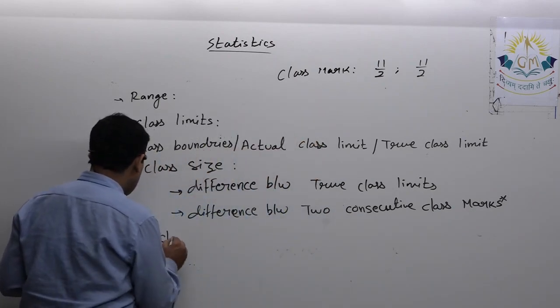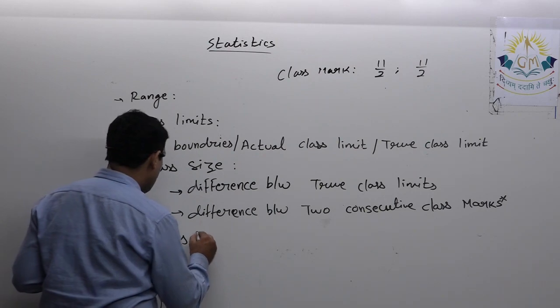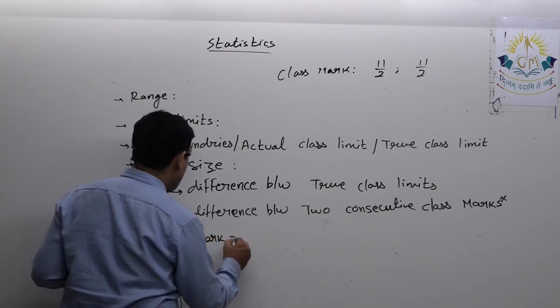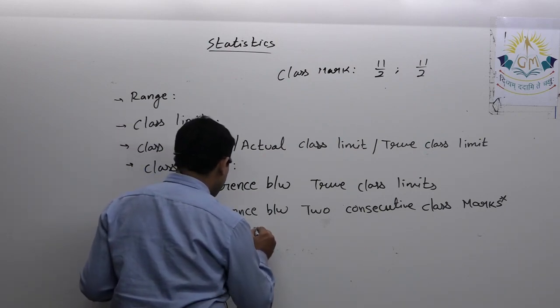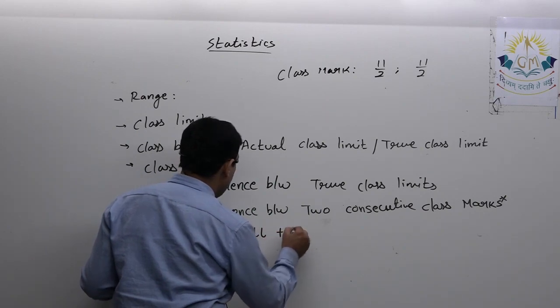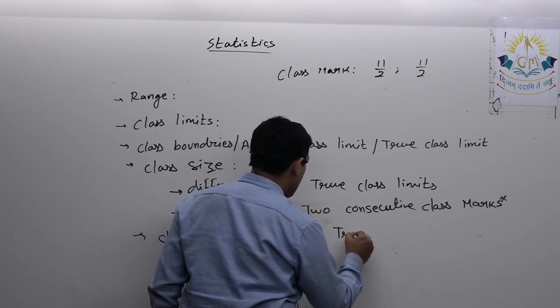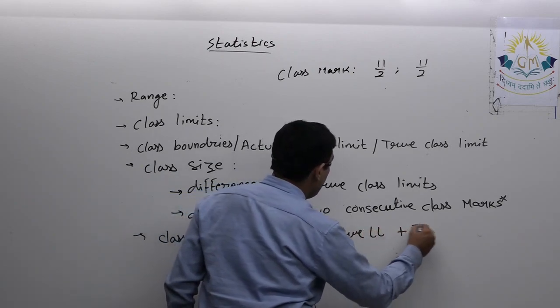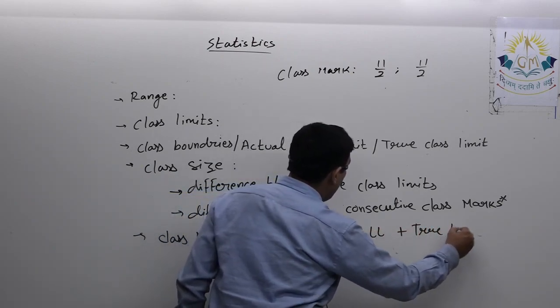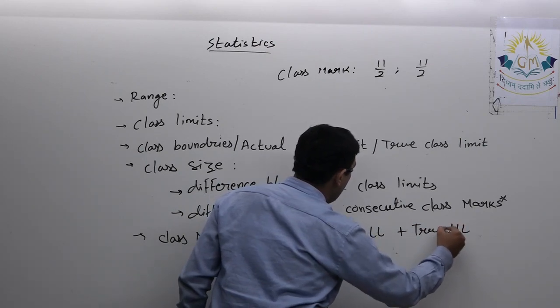Now next is class mark. Class mark is lower limit plus upper limit by 2, or if I write true lower limit plus true upper limit by 2.